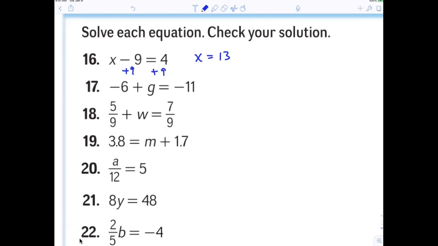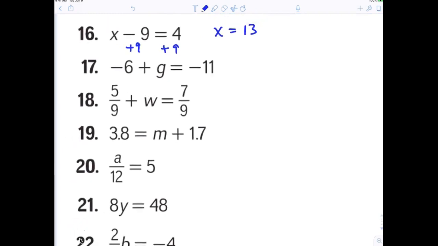Now, with number 17, a lot of people accidentally put minus 6 when they should do what? Plus 6, right? Because what we're doing is eliminating the minus 6.